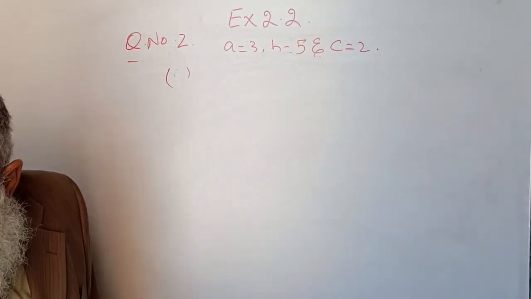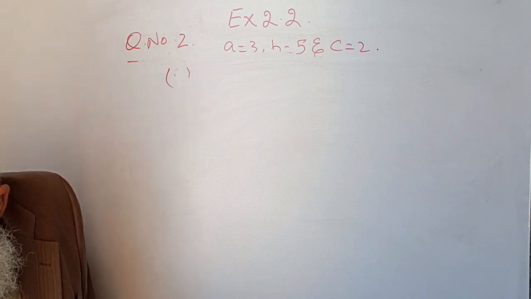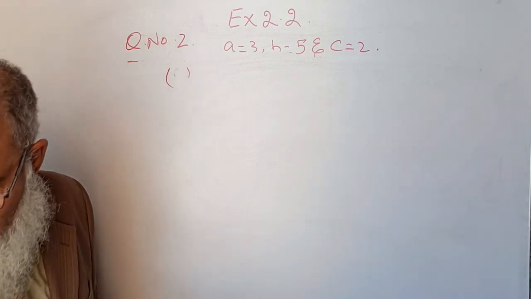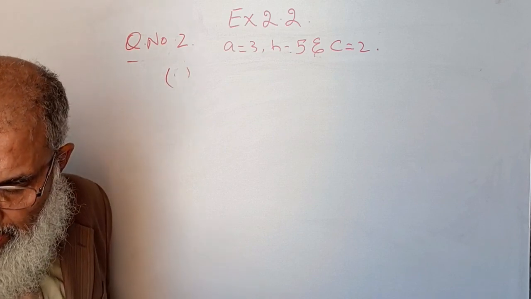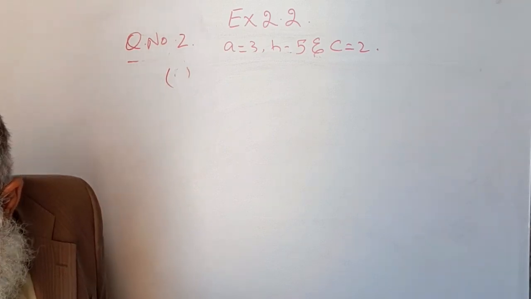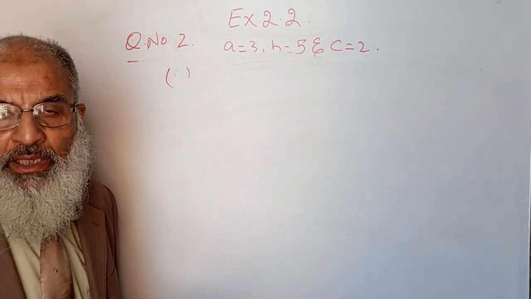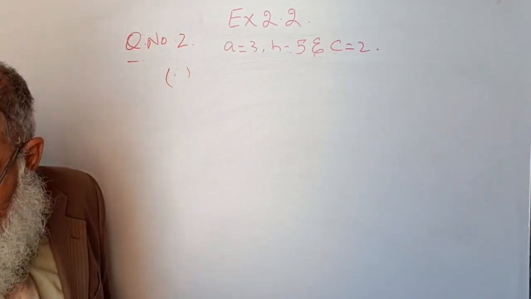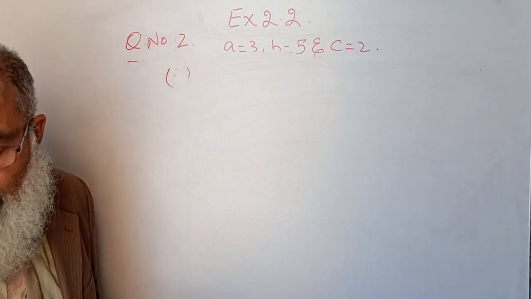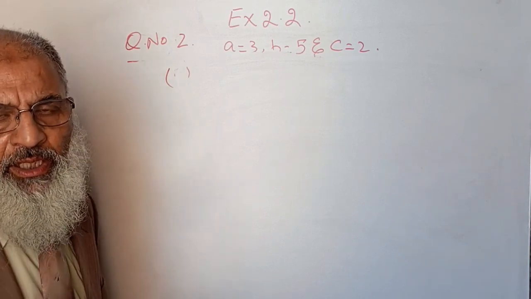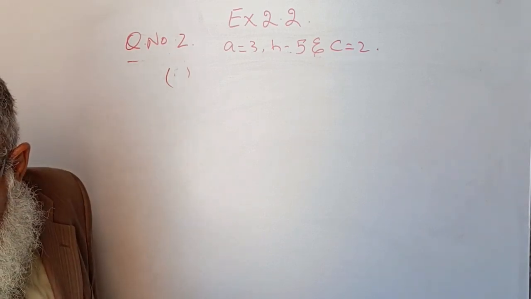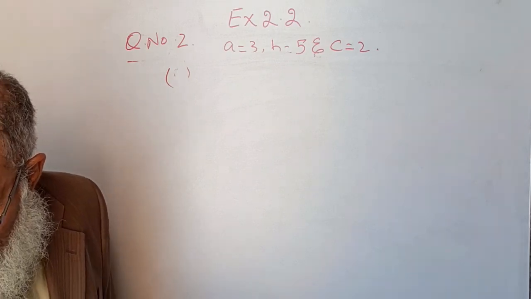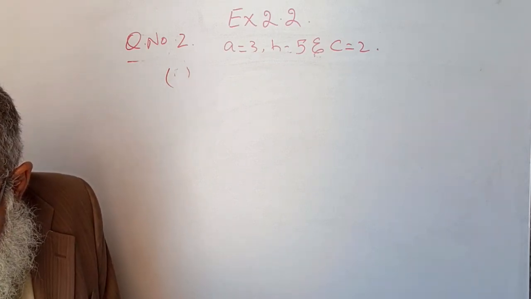Now, the rest of the parts, P, Q, R and S, these are very important parts and you may get them. I am only skipping one part from this and that is P. The rest I'll do for you.